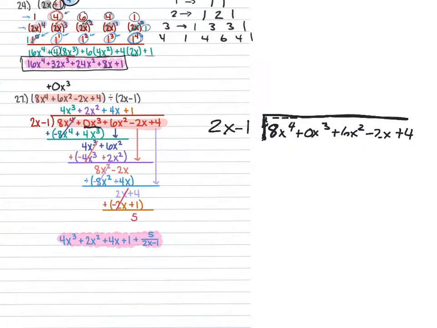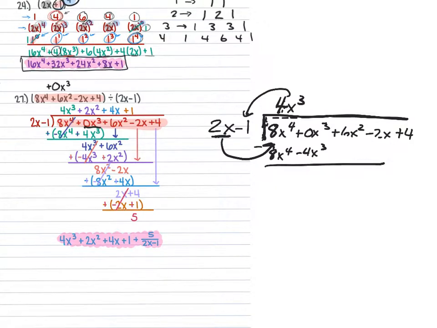The first thing that we're going to do is say 2x times what will give me 8x to the fourth? 4x to the third. 4x to the third times 2x is 8x to the fourth. And 4x to the third times negative 1 is negative 4x to the third.